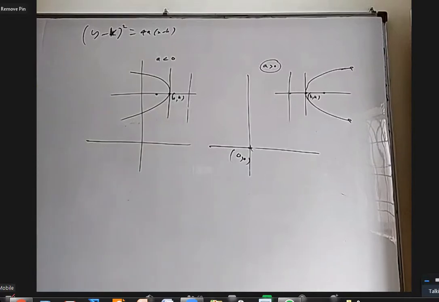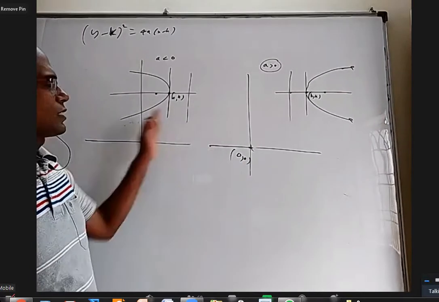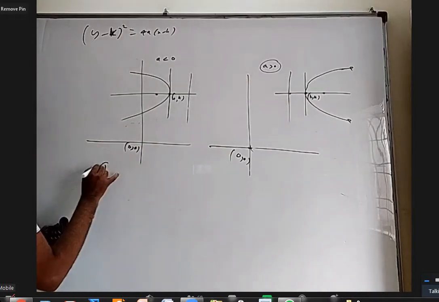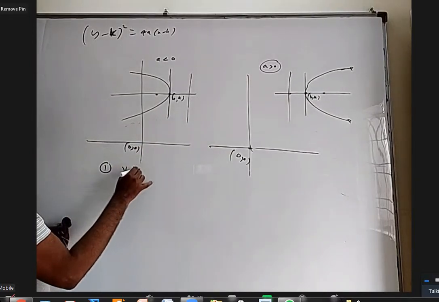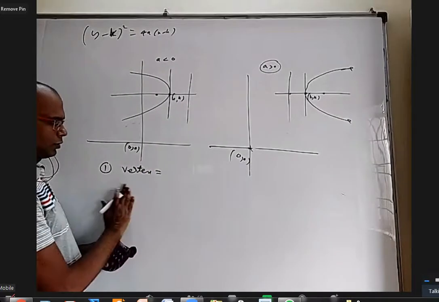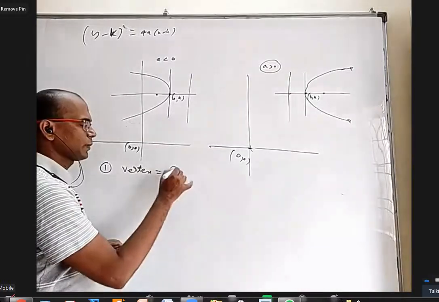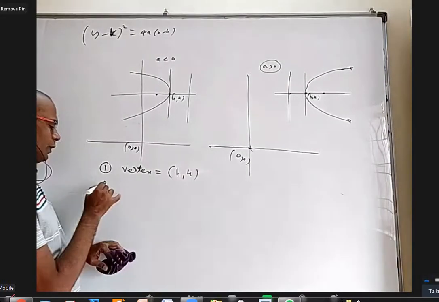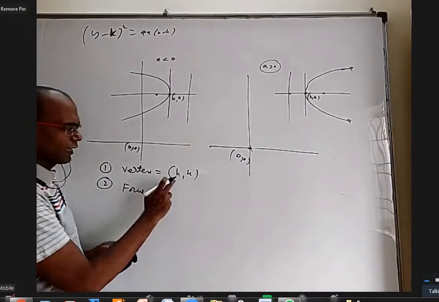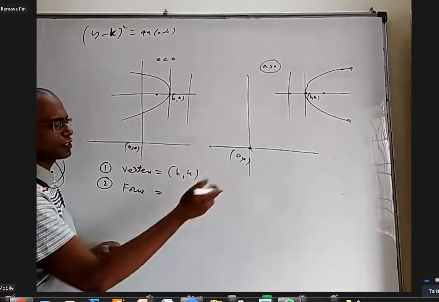So all your formulas, for either this or this parabola, the very first one is the vertex. Earlier, what is the vertex? 0 comma 0. Now it becomes h comma k. And earlier the focus is a comma 0. Now for every x coordinate you have to add h extra, and add k extra.